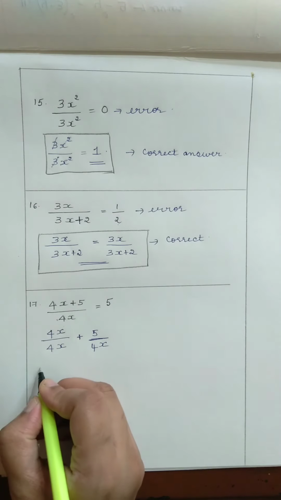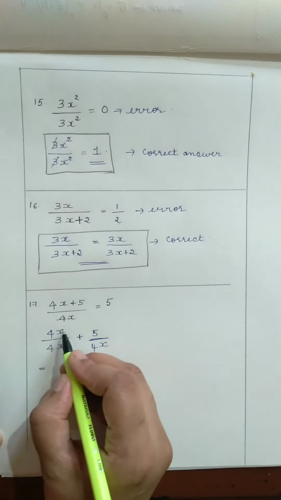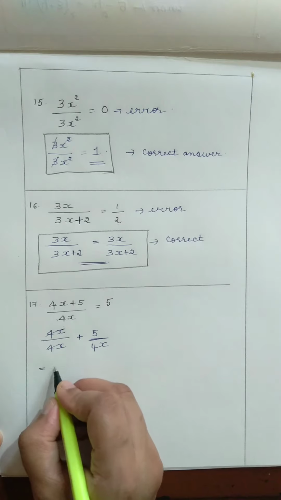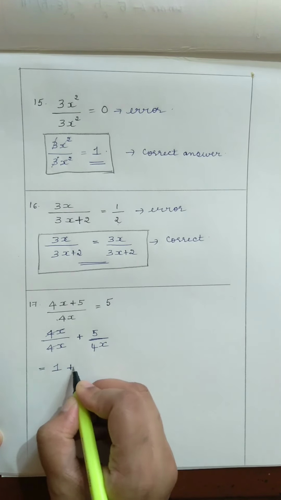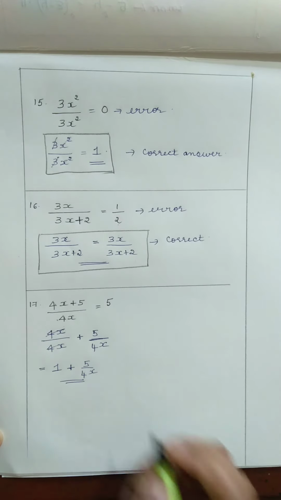In the next step, 4x of the numerator and 4x of the denominator get cancelled. The remaining is 1, plus 5 by 4x is the correct answer.